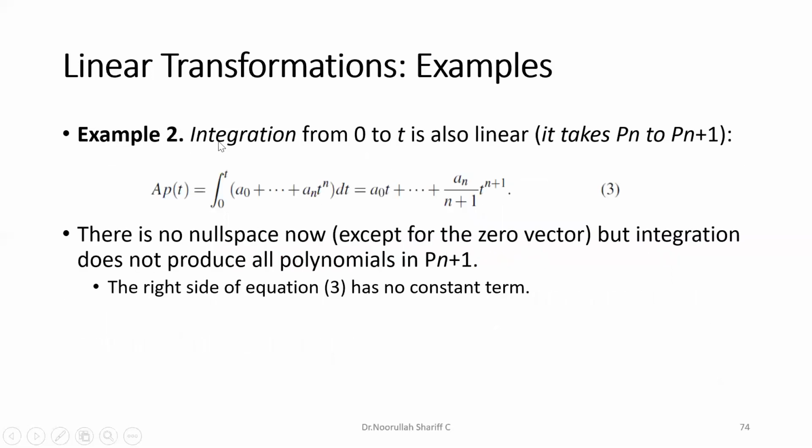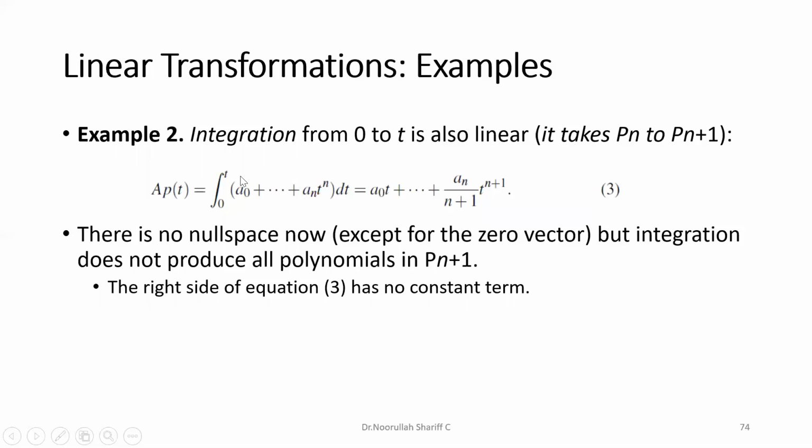Let us take another example, which corresponds to the integration of whatever polynomial we have considered earlier, from 0 to t. We see that this is also linear, because now A(p) will become the integral of A naught plus A1 t plus A2 t squared plus dot dot dot plus An t to the power of n, dt.